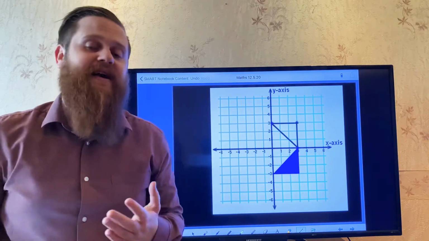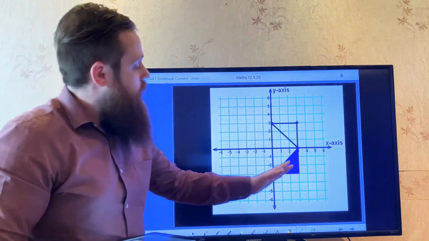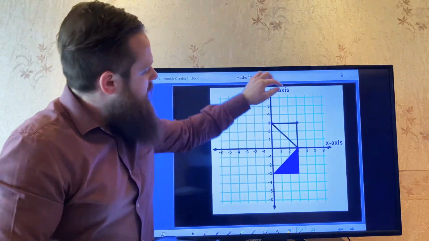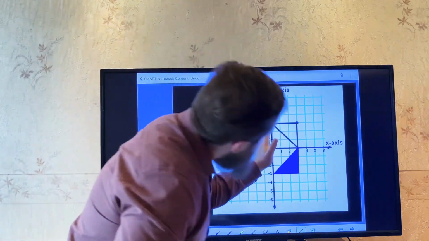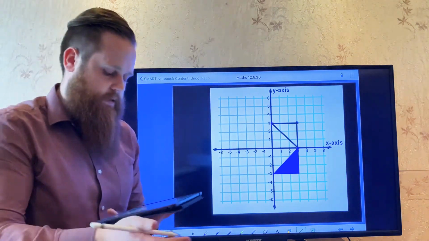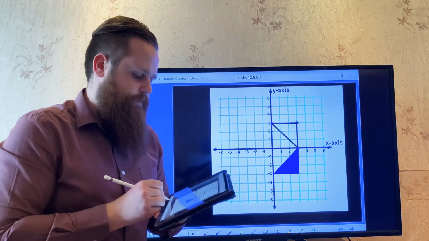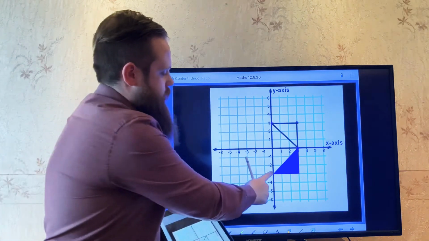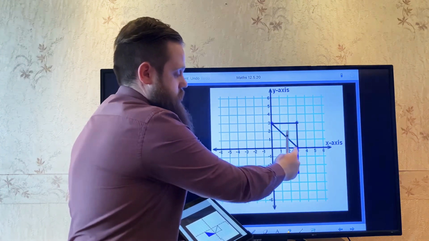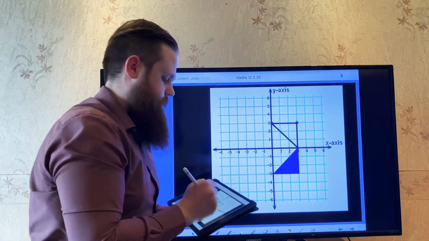And it'd be the same if I did it in the y-axis. If I said, right, okay, I want to reflect this shape in the y-axis, I would imagine I put my mirror down here, I've had a little look at it, and it flips over from here onto this side. So again, the same thing here. This point's not going to move because it's already on the axis, so it's going to stay there. This point here is 3 along, so it's going to be 3 along this side.